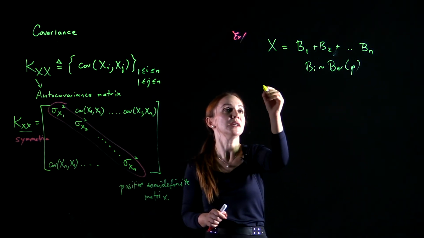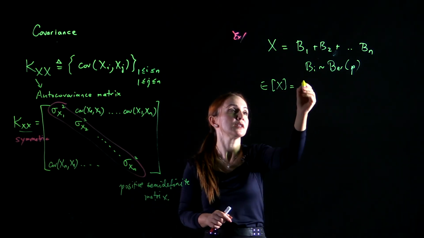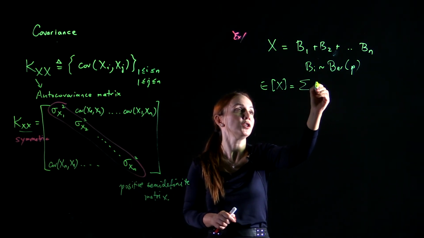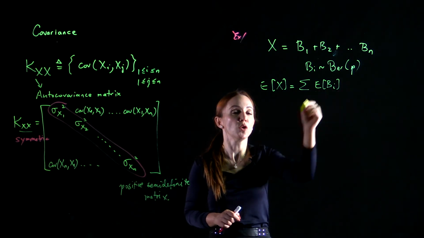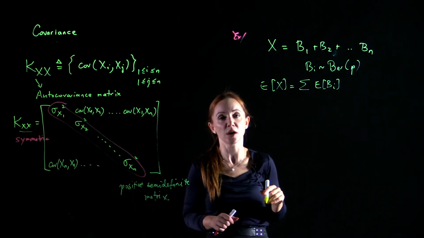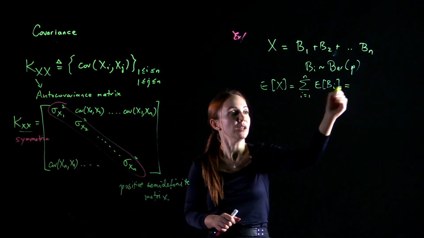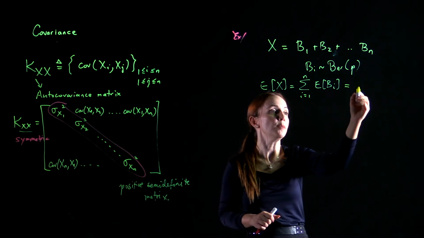In that case, the expectation of x is simply the sum of the expectations. This is always true. It doesn't require any uncorrelatedness, obviously, because expectation is a linear operation. And the expectation of the sum is np.